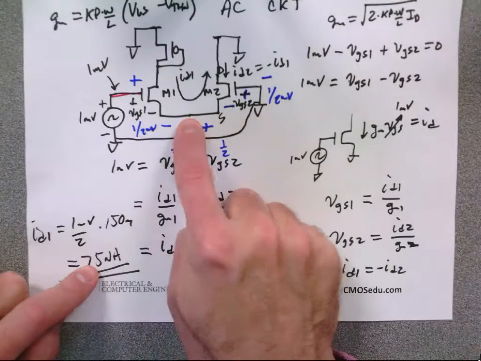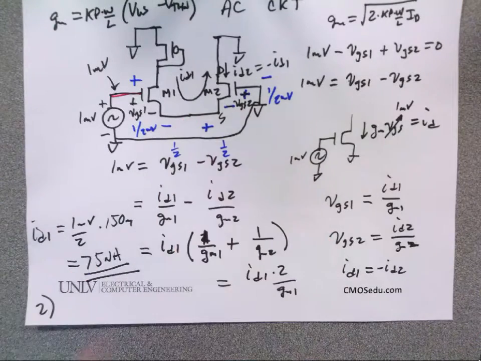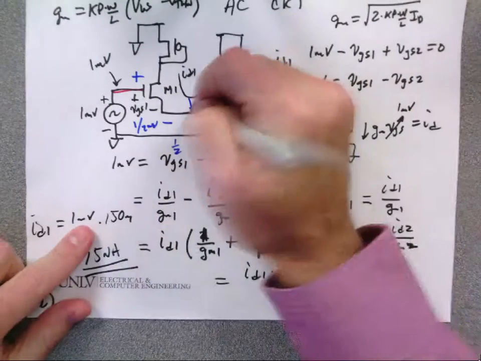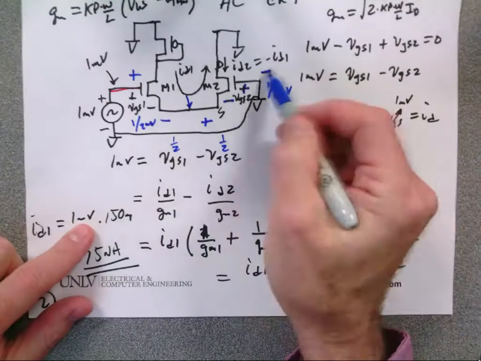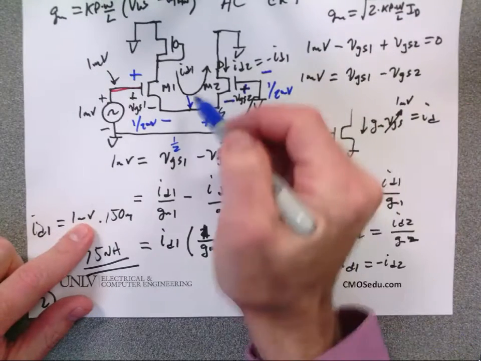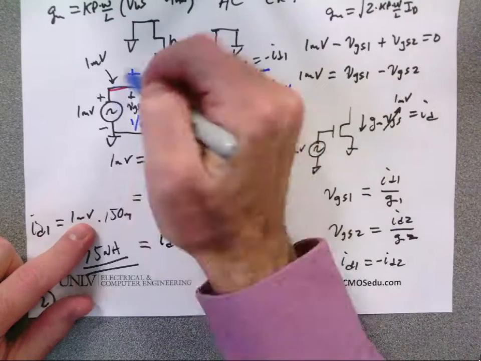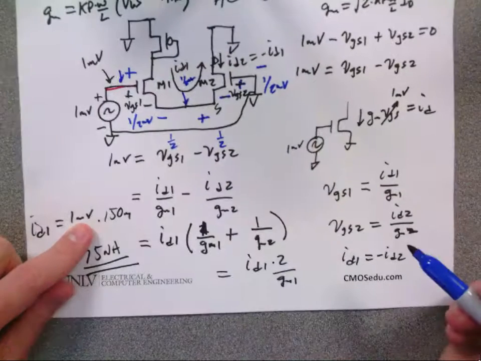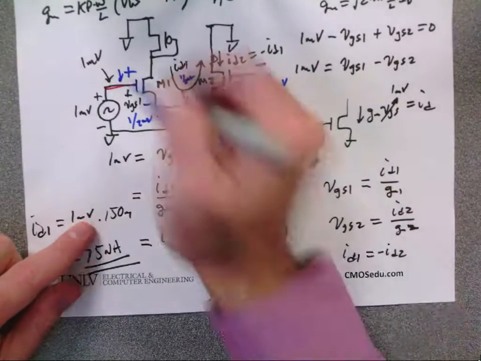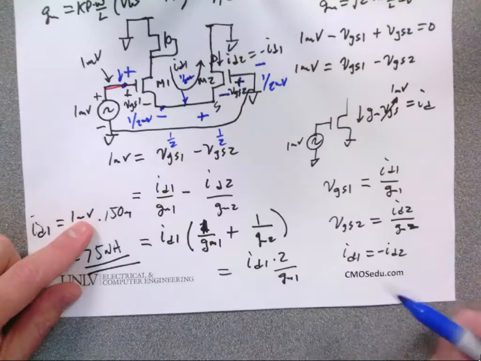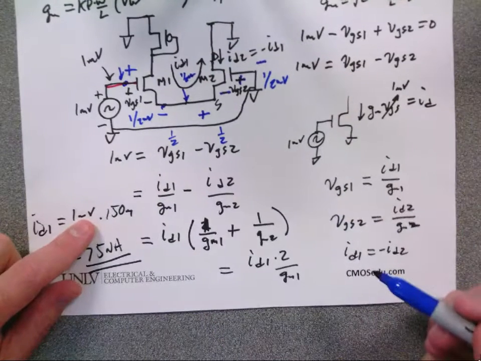So what's the AC voltage right here at this point, just as a sanity check? Plus minus to ground, 1/2 millivolt. What's the AC voltage right there? 1. What's the AC voltage between here and here? 1/2 millivolts. Everybody follow?